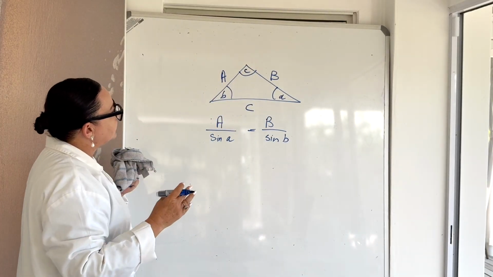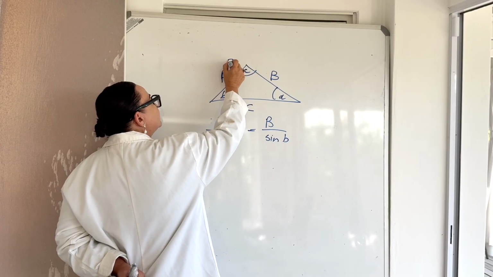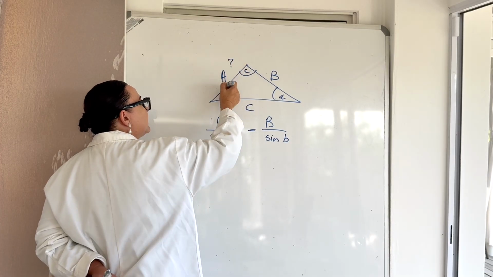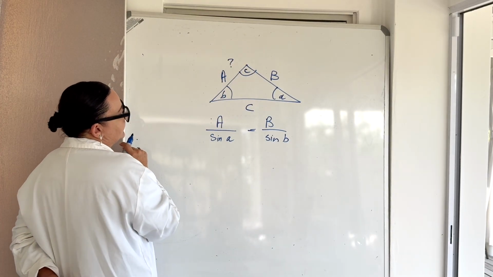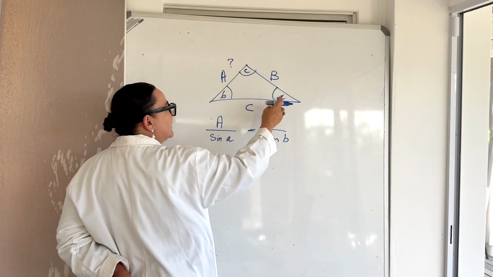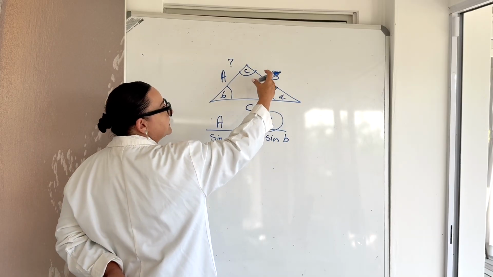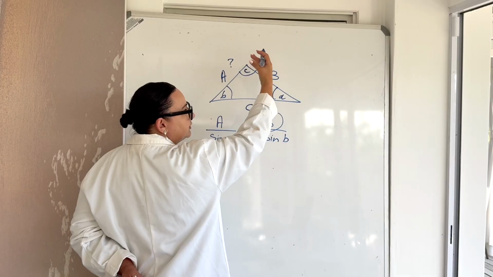So how are we going to apply this? Let's say I'm asking you to work out the force represented by side A, but you do have that angle, and you do have force B. In our case, we're not going to say B, we're going to say the force in the cable or whatever.